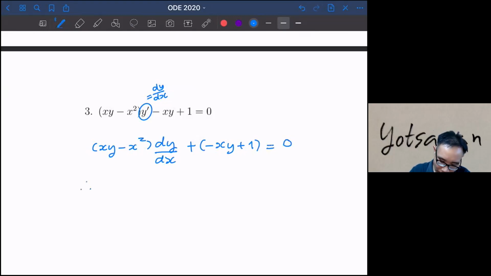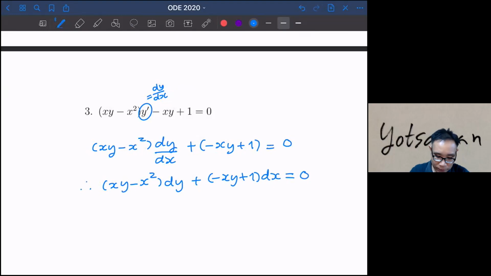And this will allow you to get (xy minus x squared) dy plus (negative xy plus 1) dx equal to 0. This one is the red guy, and this one is the yellow guy. This will be your M and your N used in the first step respectively.